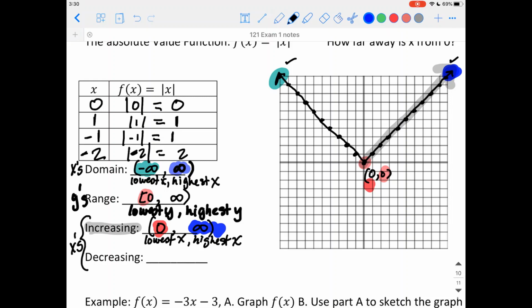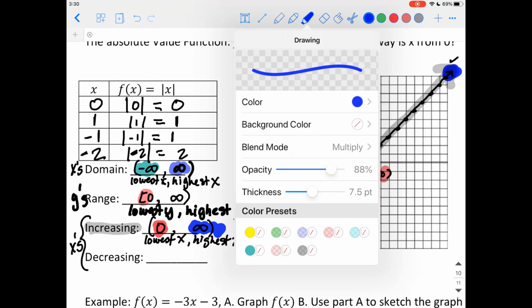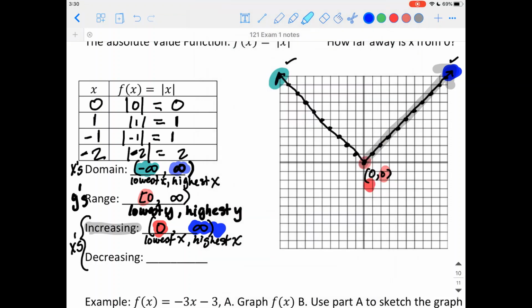Now, decreasing. So for decreasing, it's going to be from this point here, this way. That's decreasing. Again, because it has this downward trend, like a negative slope. And so it's still going to be lowest x, comma, highest x.